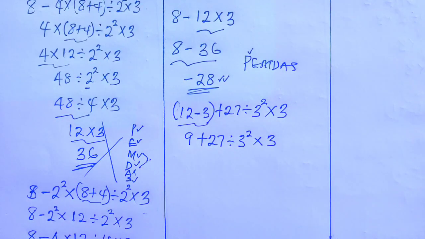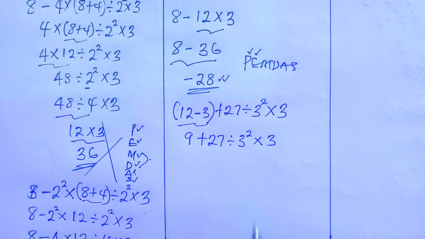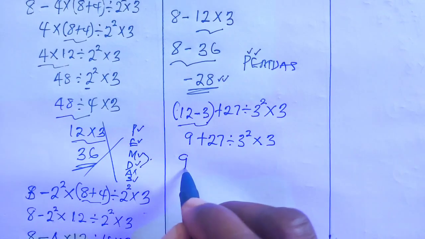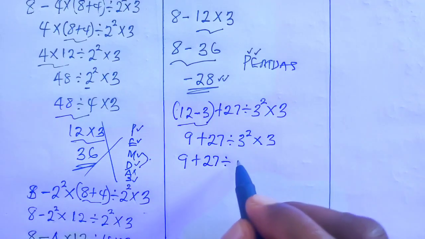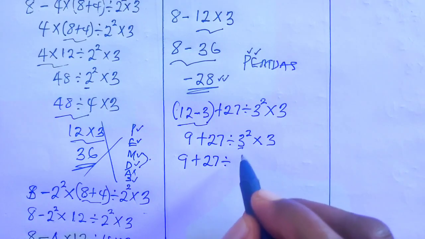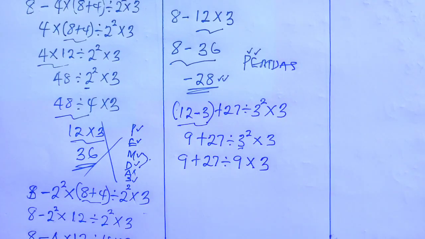Then we consider exponents here, and the expression becomes 9 plus 27 divided by 3 to the power of 2, that gives us 9, multiplied by 3.